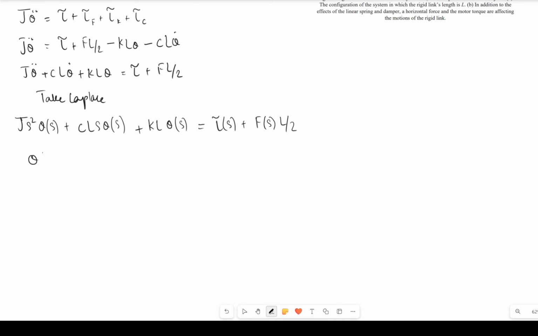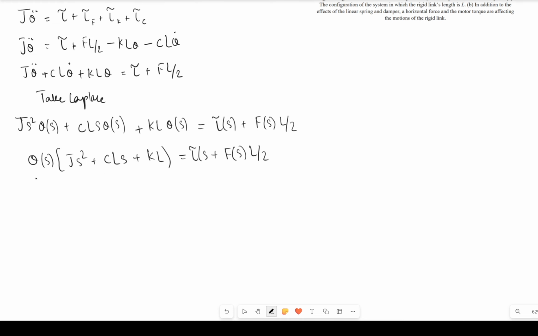Now we take theta(s) common here. We get (J s squared plus CL s plus KL) equals tau(s) plus f(s) L by 2.